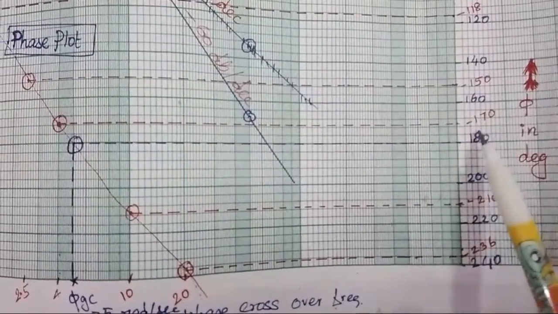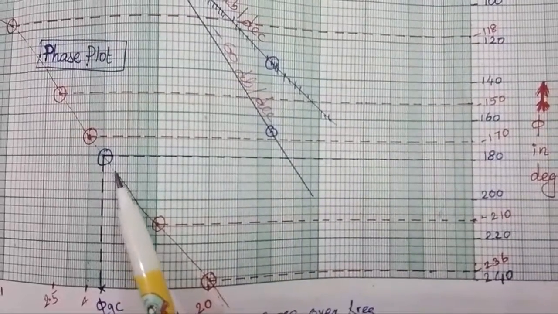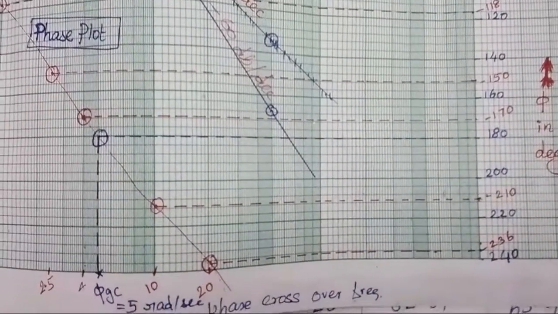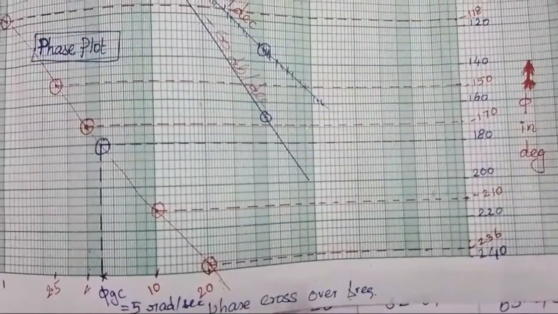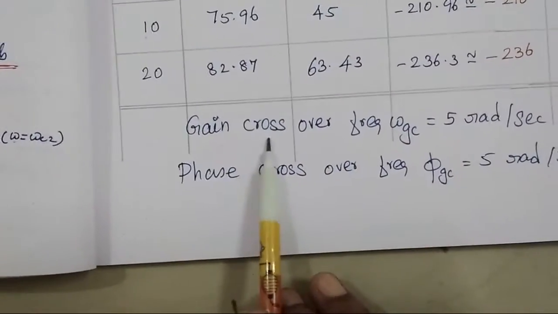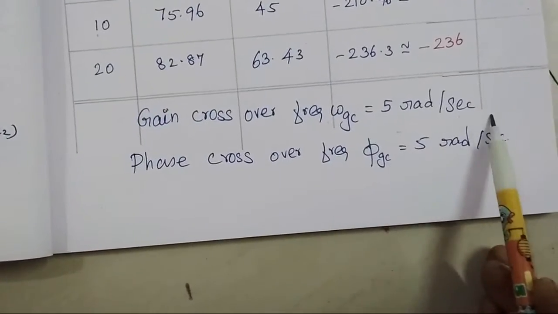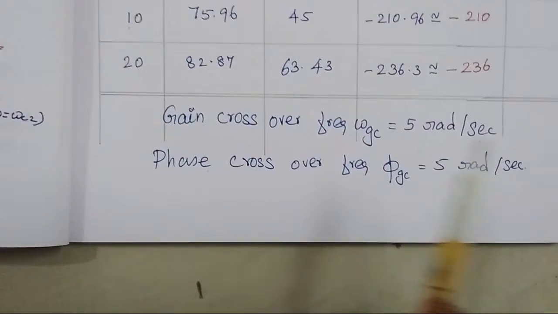We track the dotted line where it cuts the phase plot, and the corresponding omega value is the phase crossover frequency. So from this plot, according to the asked question, we found the gain crossover frequency is 5 radian per second and the phase crossover frequency is also 5 radian per second.